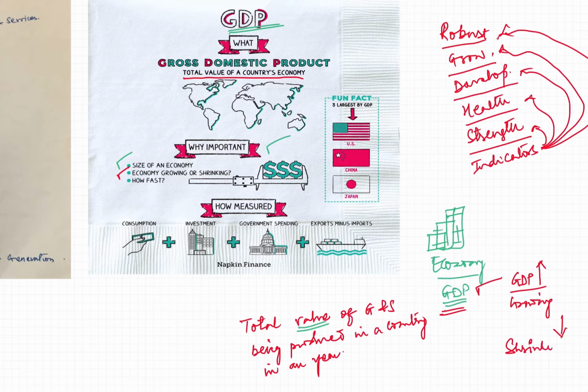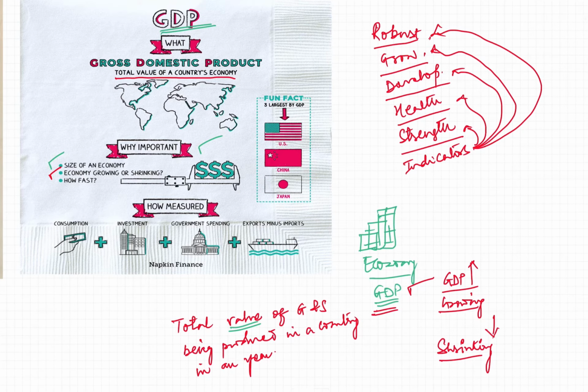In other words, if GDP is growing, remember this thing, the business cycle. Growing means the economy is moving away from recession. Shrinking means it's coming down to recession. This is growth.